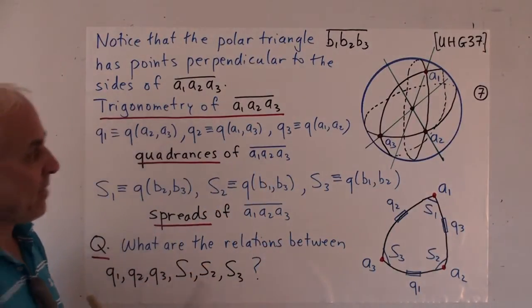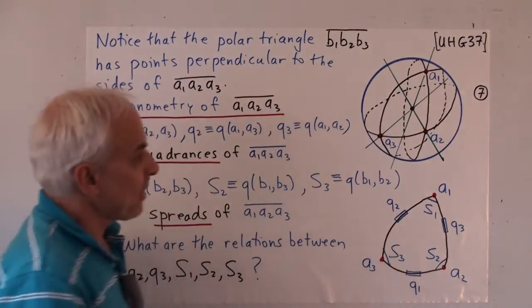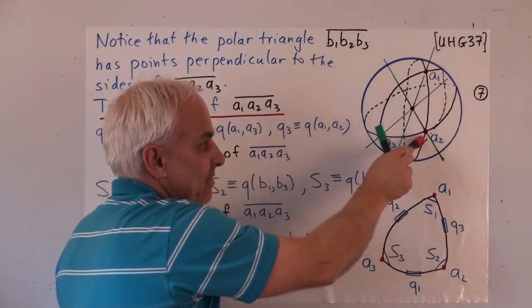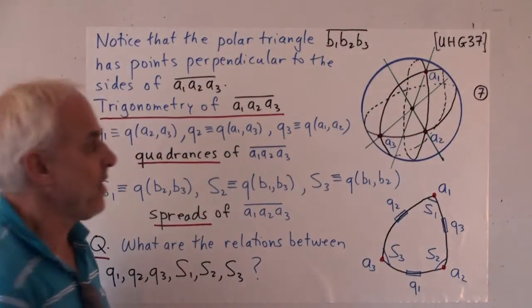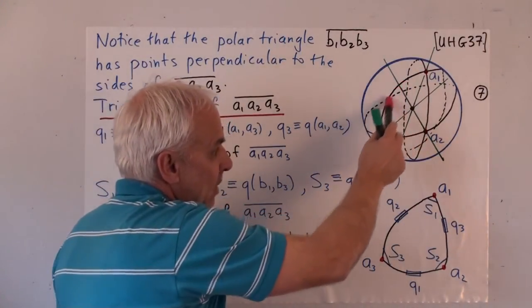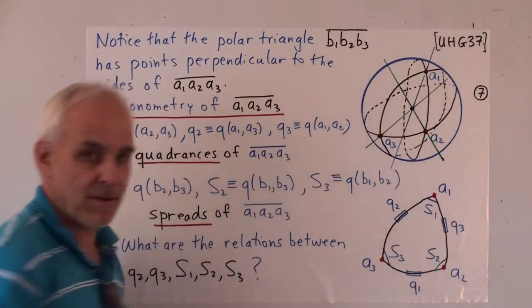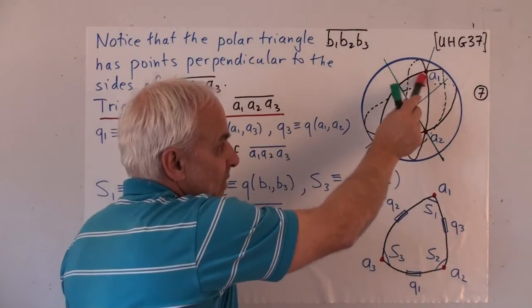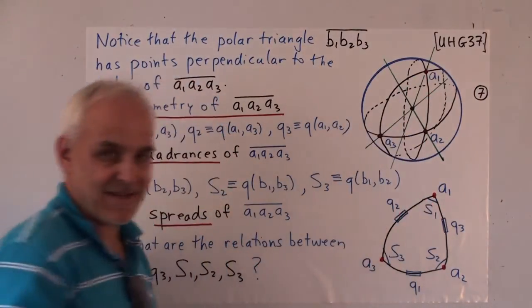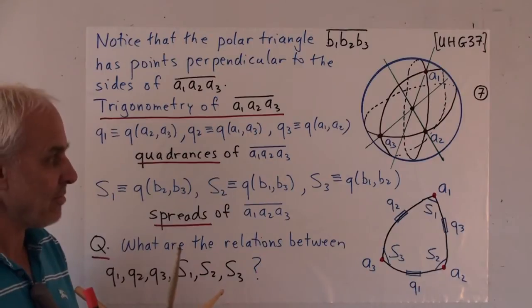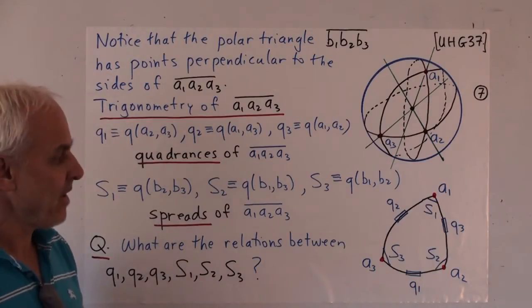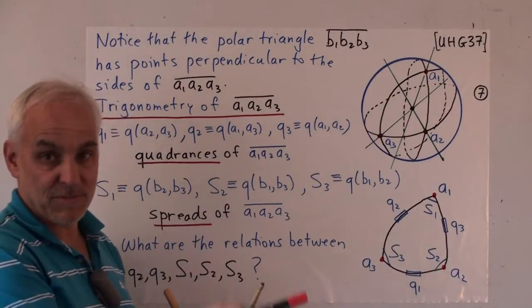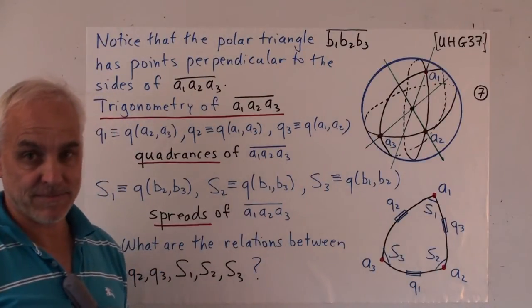So on the diagram, the plane between A1 and A2 is represented by this great circle on the sphere, and the plane formed by A1 and A3 is represented by this great circle. And the spread between those planes, we would want to think of as the separation between those two lines on the great circle. That number is just represented by the quadrance between the corresponding polar points.